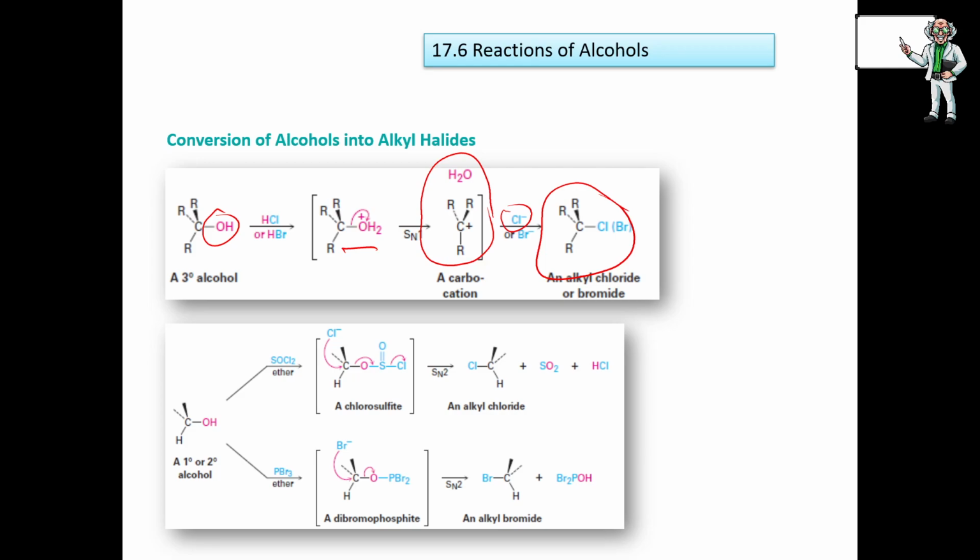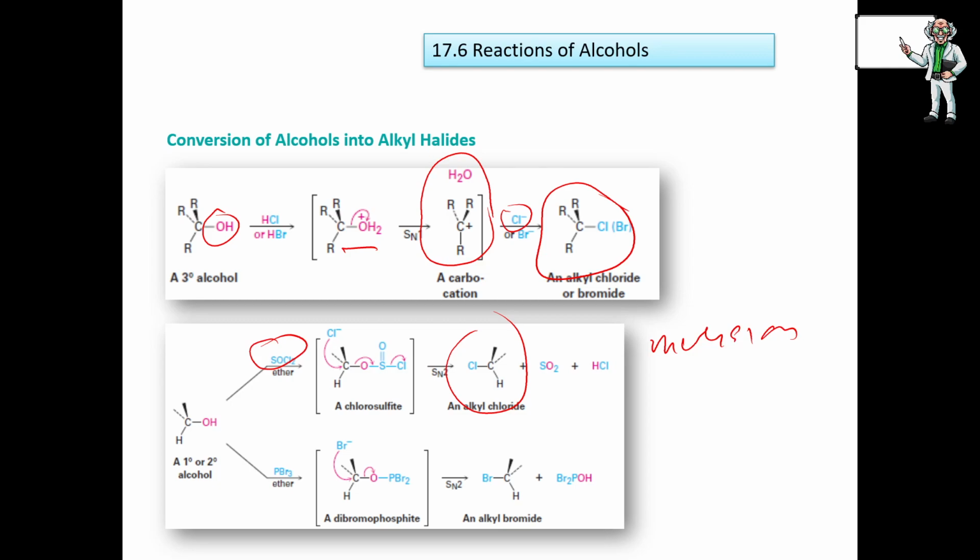Okay? If we want to use primary or secondary alcohols, what we need to use, in the case that we want to add a chloride, is thionyl chloride, that is this compound, SOCl2. Then the alcohol attacks the sulfur, forming this intermediate, and departing a chloride, and then the chloride is attacking through an SN2 to form the final alkyl chloride with inversion of configuration.